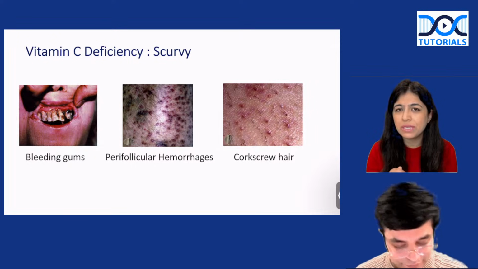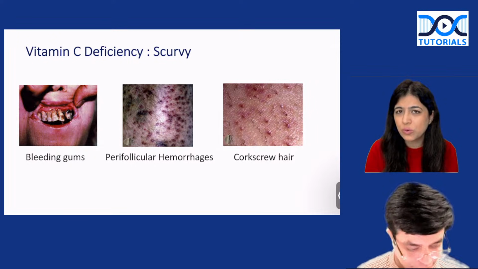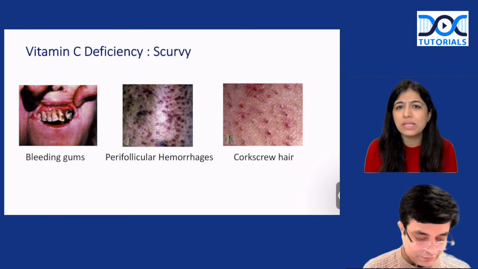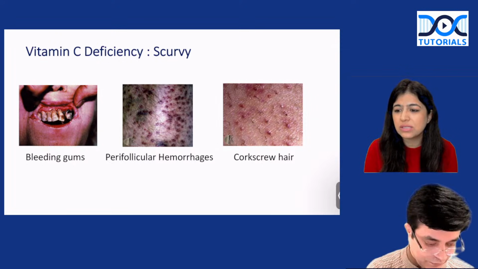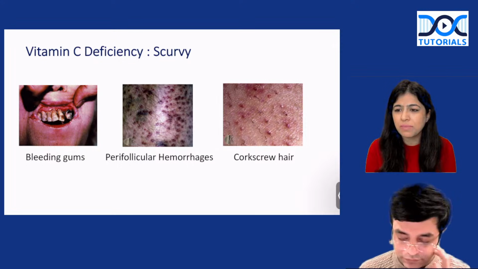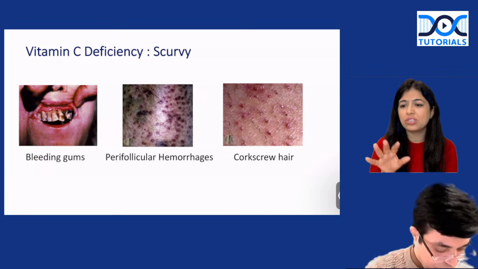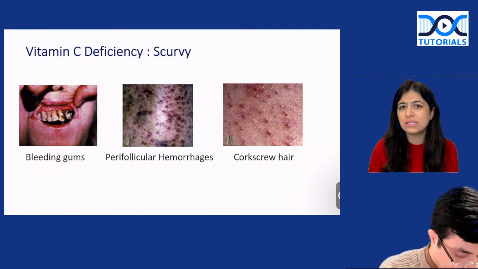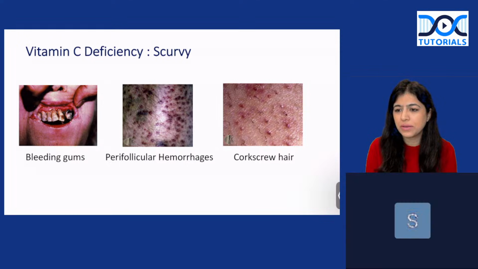And the hair can be twisted in the form of a spiral shape, which is your corkscrew hair. So on the skin, these are the three manifestations that you see. In the systemic manifestations, there are much more, as Sir would talk about rosary and other manifestations. So you have to know the combined manifestations of skin as well as systemic, which will take you to a complete diagnosis.